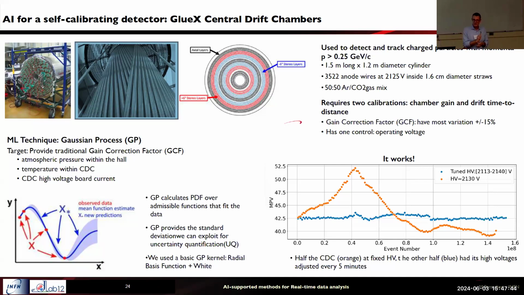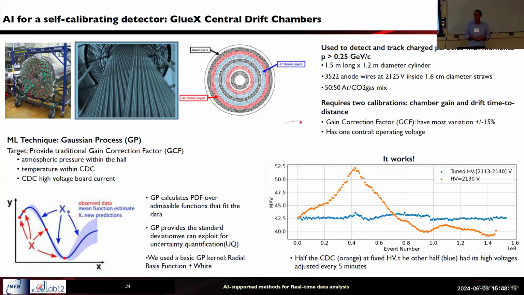You can imagine that from when you take the data to the time you publish a paper, 90% of this long time is due to the way you transform your detector signal into something on which you can do the high-level analysis, like momentum of particles, etc. Most of the time you're spending to calibrate your data, to try to see if everything makes sense.